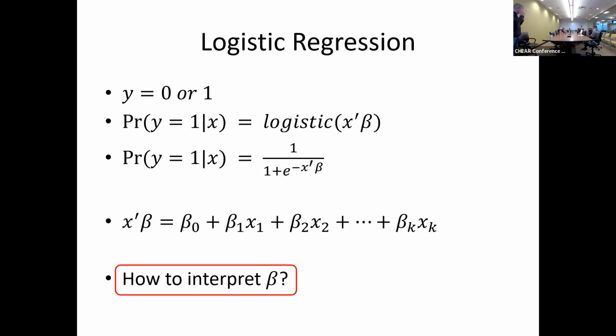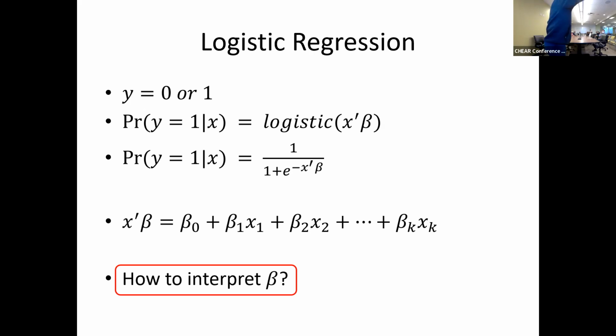All right, so what I've talked about so far is just single probabilities, no covariates, but we want to go to a world where we can now correct for various covariates. And so we'll go to logistic regression. We have an outcome which we express as either 0 or 1, and use the logistic function to make that probability a function of a whole bunch of x's.